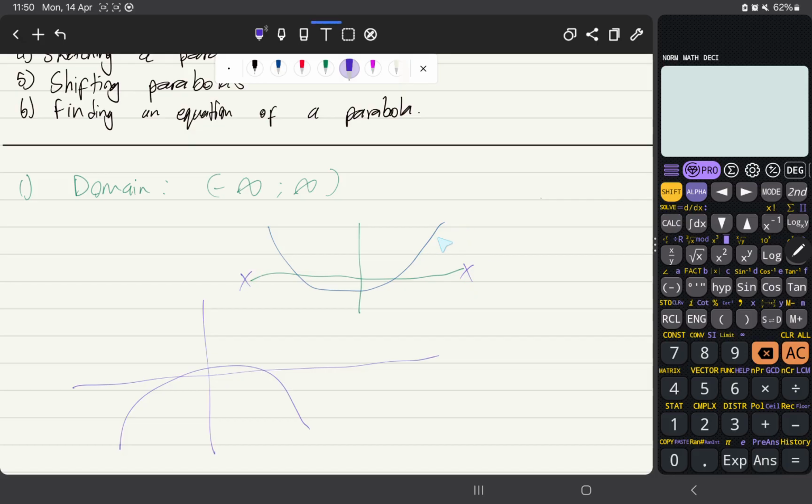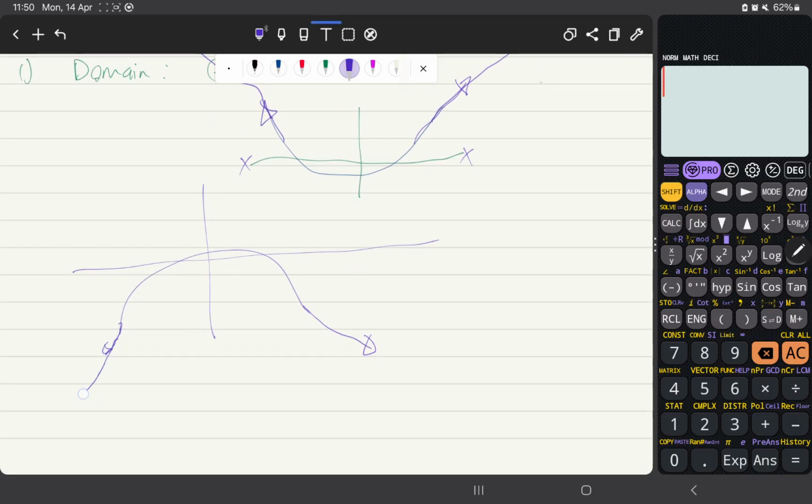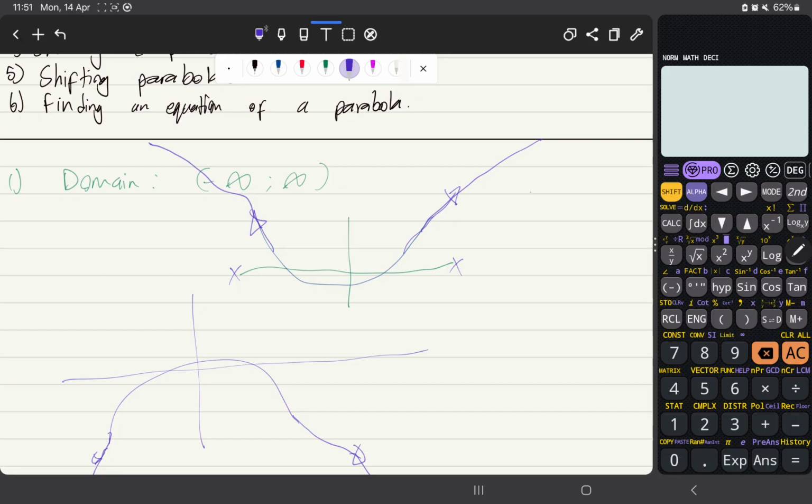This parabola is pointing that way, this side is pointing that way, and it'll go forever like this, and this side as well, so that's why it's from negative infinity to positive infinity. The same thing here. When you expand it further, you realize this one goes to negative infinity, this one goes to positive infinity. That's what I'm saying. The domain is from negative infinity to positive infinity.